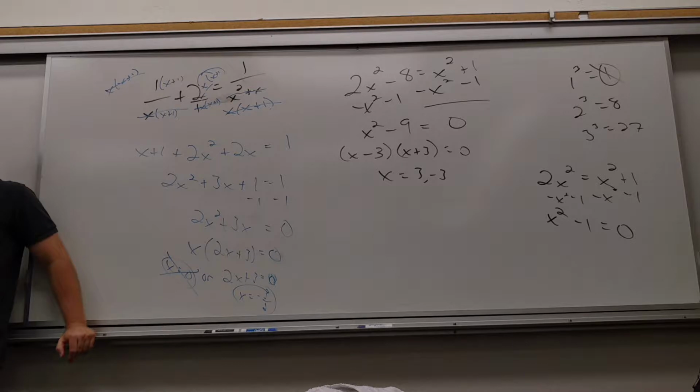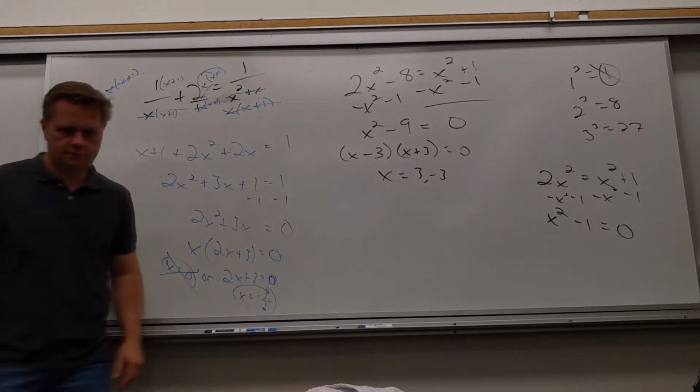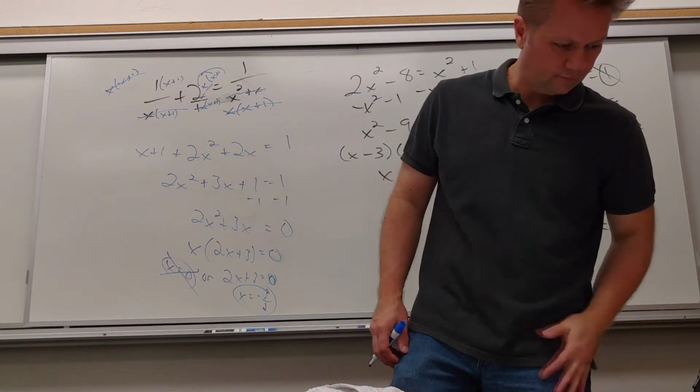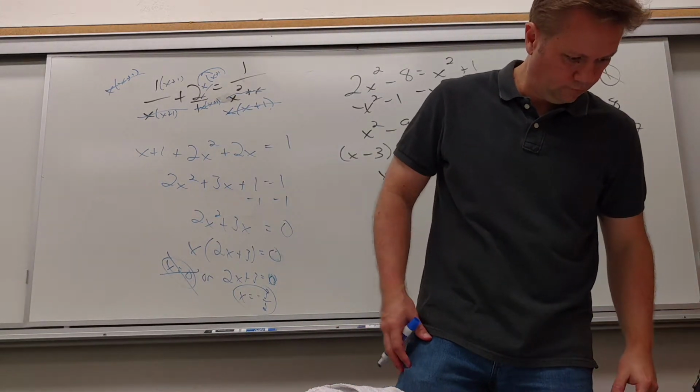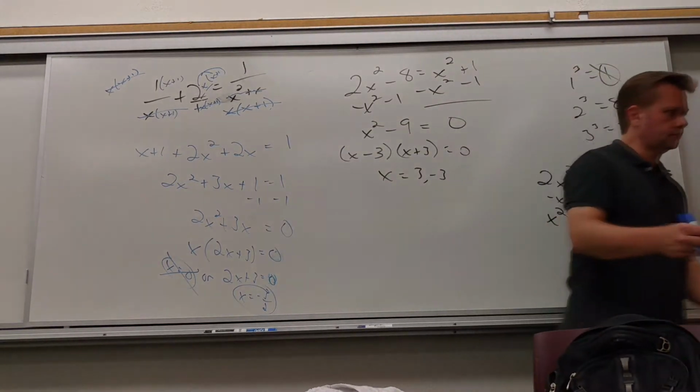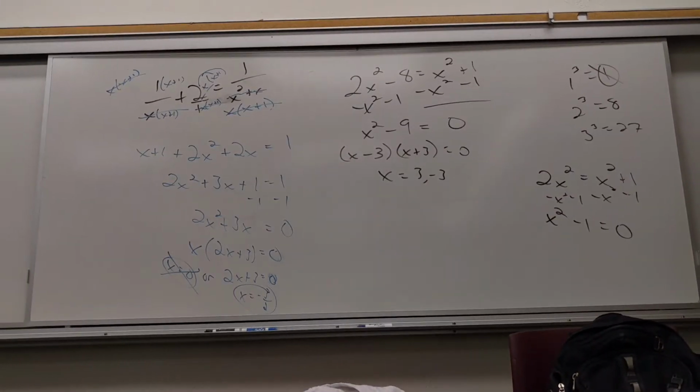Alright. Yes? So all we just did, you would apply to problem number 1 on the practice sheet? Yes. Number 6, together? Oh, okay, sure. So let's take a look at number 6.